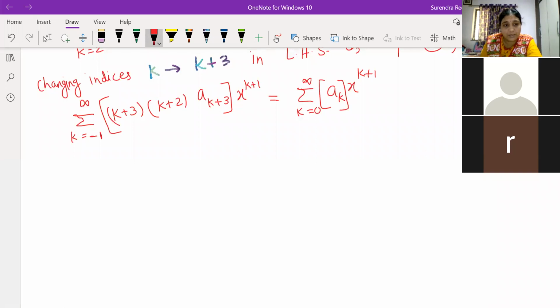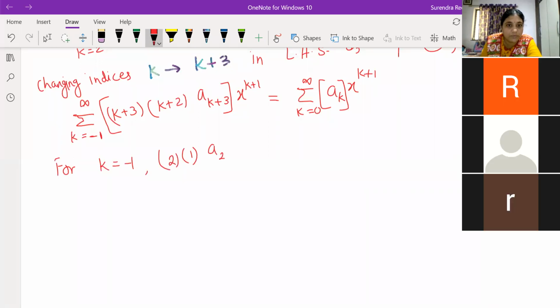So if I change this to k is equal to -1, comparing coefficients, what will be this side? 2 into 1 a2 x raised to 0. x to 0 means 1, so I am not writing that.